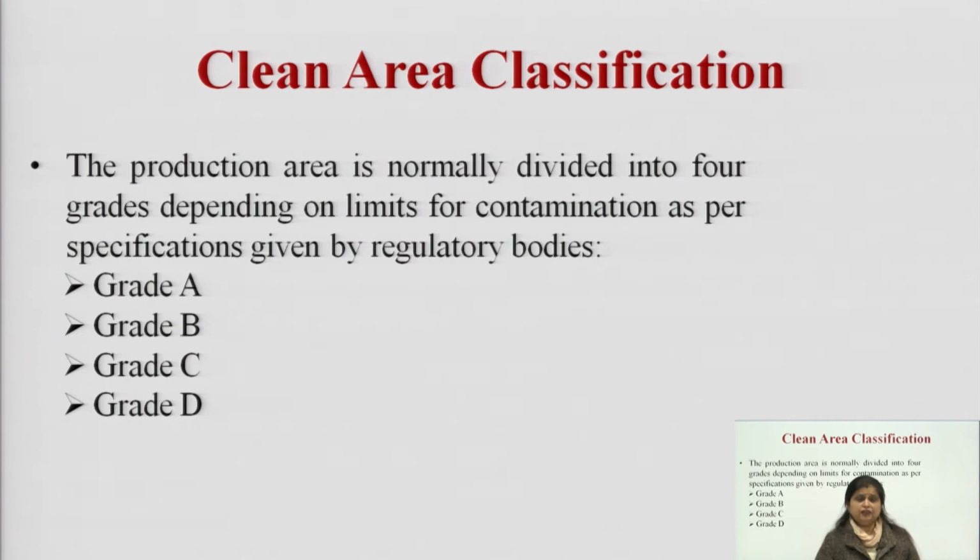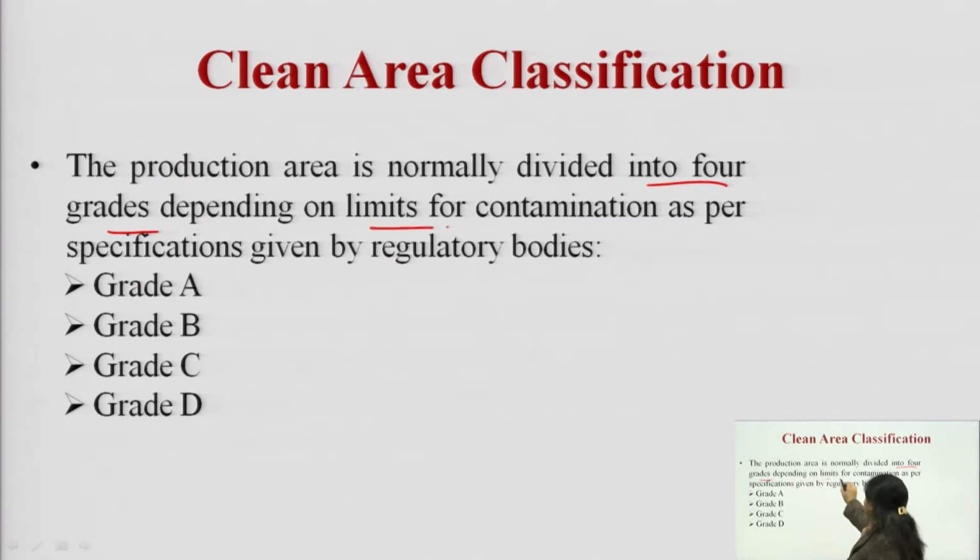Various guidelines have given different types of grades, and ISO has also given a clean area classification. But the production area, where we manufacture our parenteral products, and the microbiological labs are normally divided into 4 grades. What are those 4 grades?